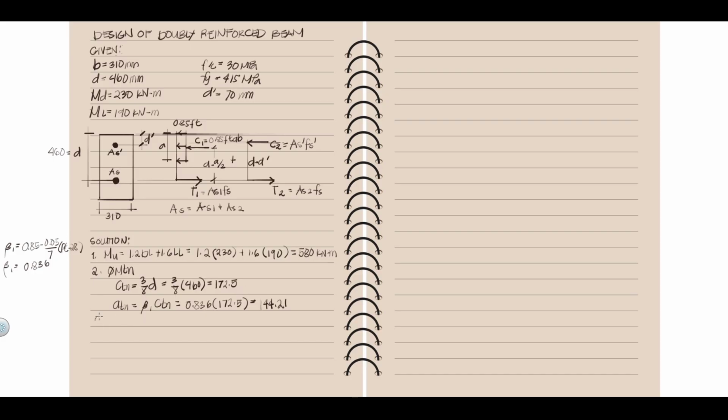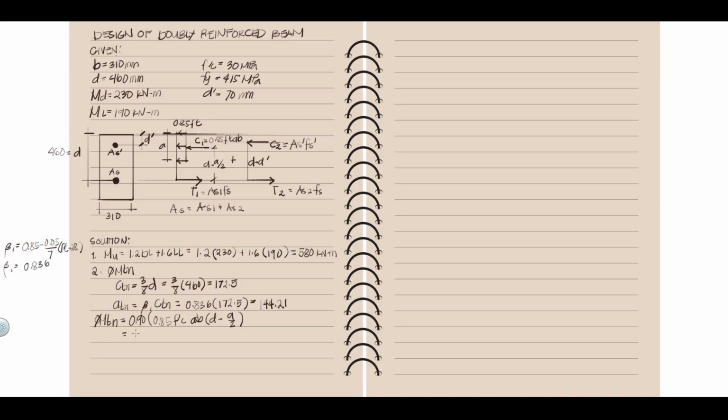After solving ATN, we will now solve the moment, phi MTN. We will have a formula of 0.90 times the nominal moment for tension control: 0.85 F prime C A B times D minus A over 2.